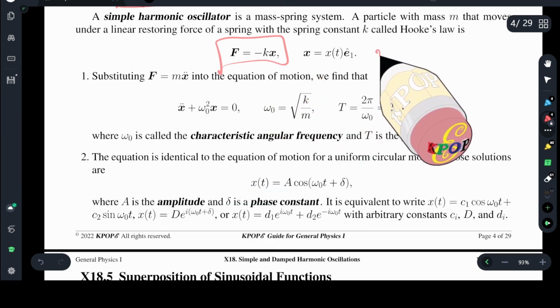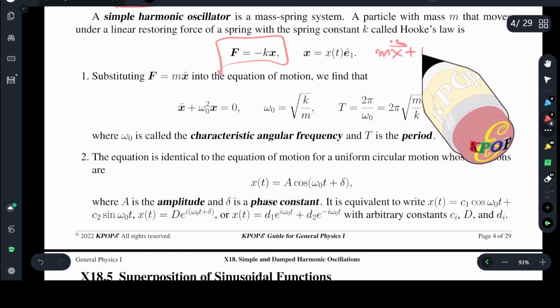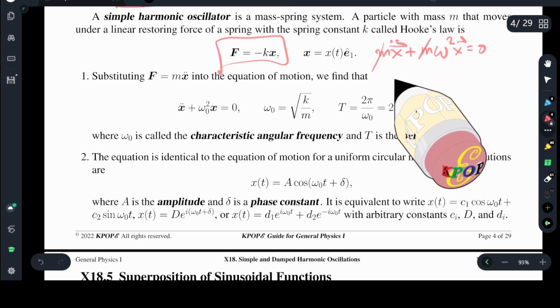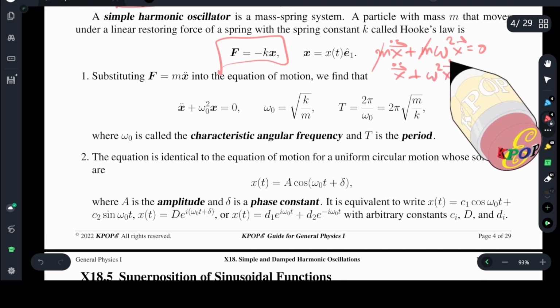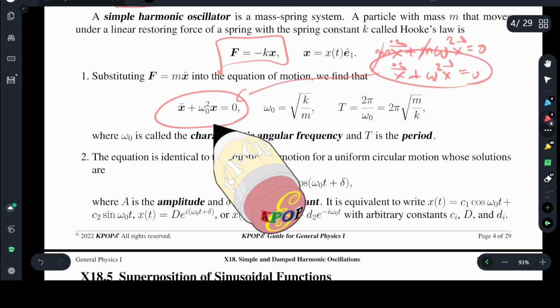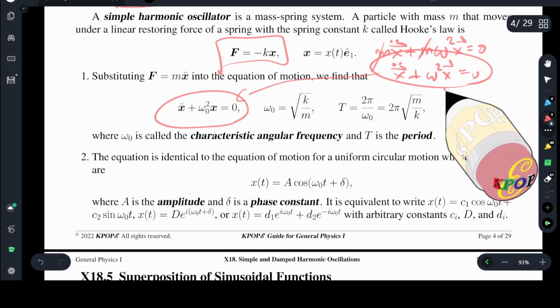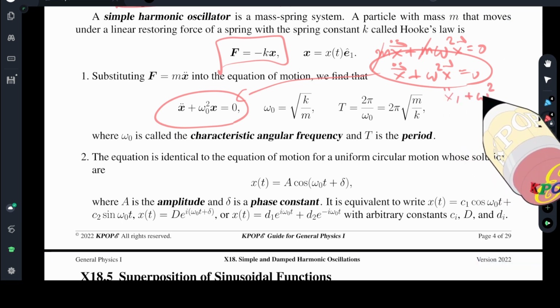And we rewrite: m x double dot plus m omega squared x equals 0. We scale this mass out. We end up with x double dot plus omega squared x equals 0. That is the equation of motion for the simple harmonic oscillator in two dimensions, and x and y components will be of the same frequency.